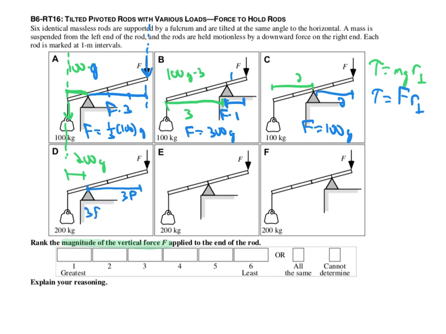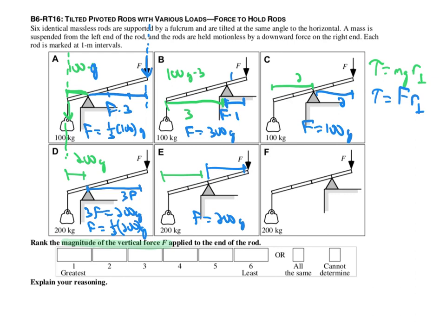So 3F equals 200 G, or F is 1/3 of 200 times G, which means exactly twice what A is. And here we have an even split, 2 by 2, which means that the force is clearly going to be 200 times G.